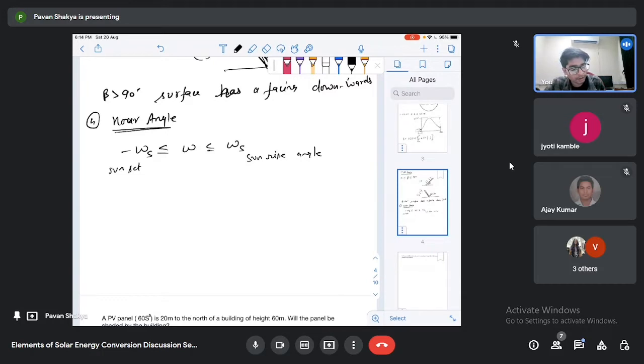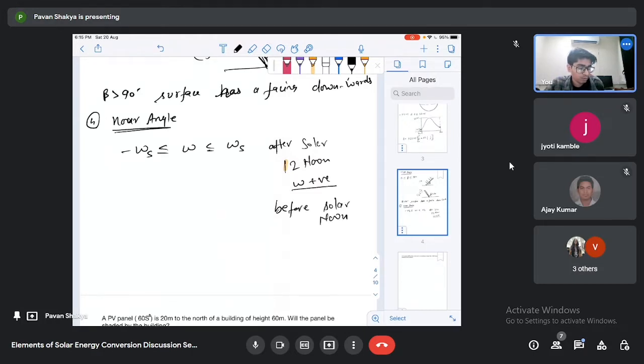After 12 noon, that is solar noon, we take omega positive, whereas before solar noon we take omega negative.